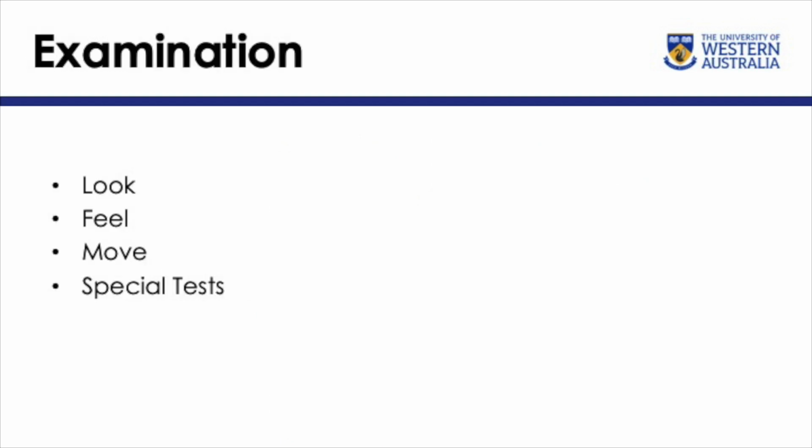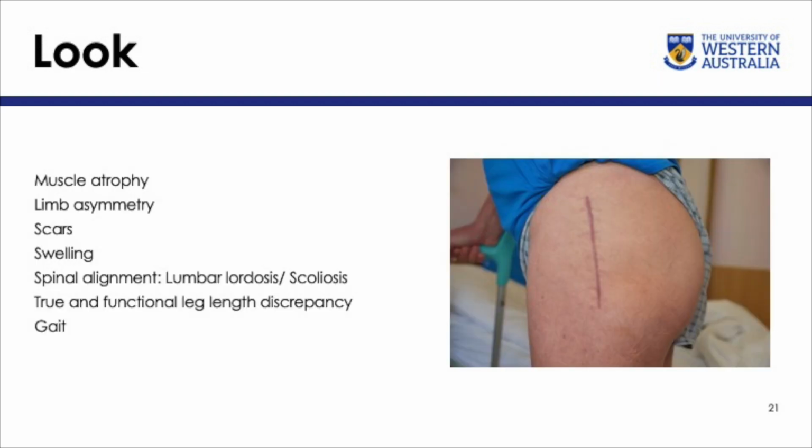Next, we will look at examination of the hip. In orthopaedics, we try to simplify examinations to look, feel, move, and special tests. Look is just observation of the patient and their hip, looking at any muscle atrophy, limb asymmetry, any scars or swelling.